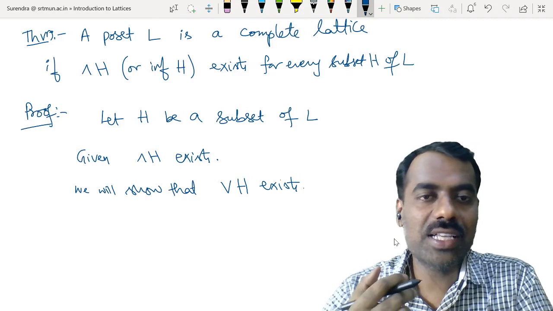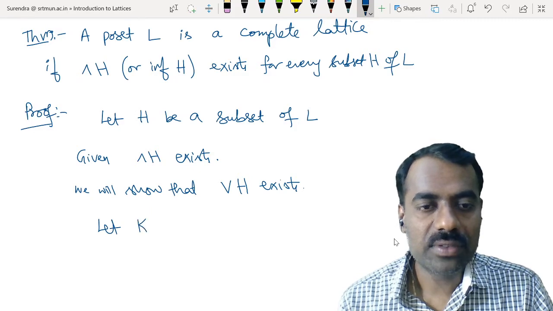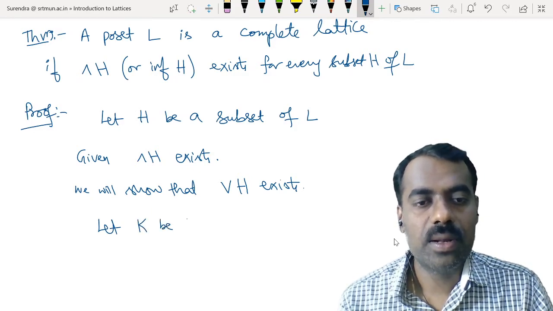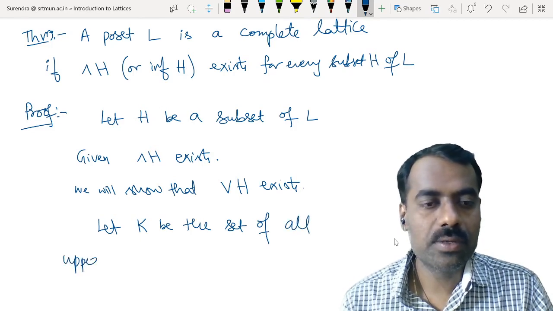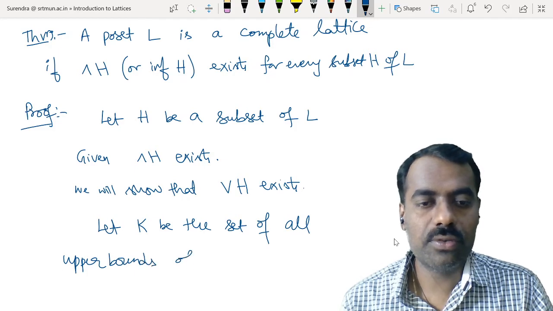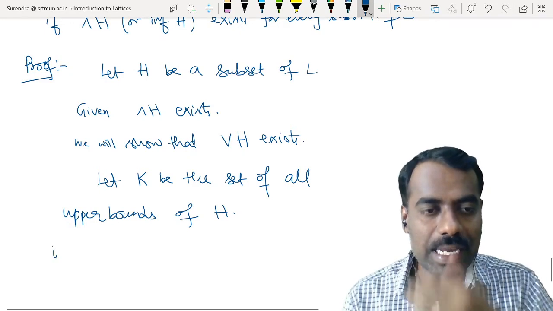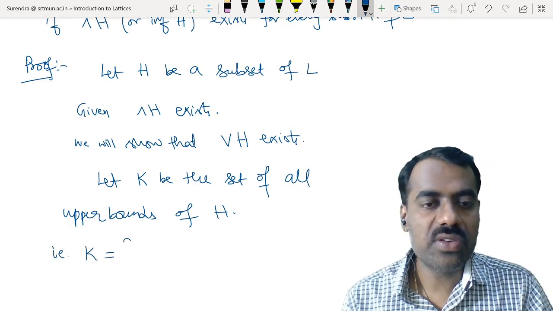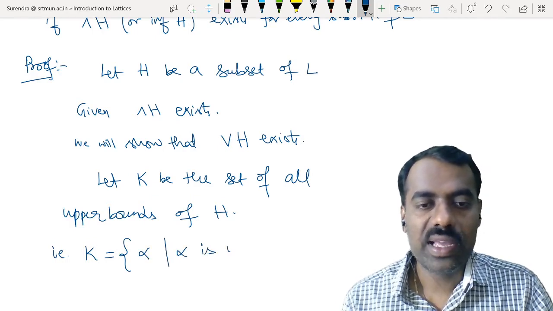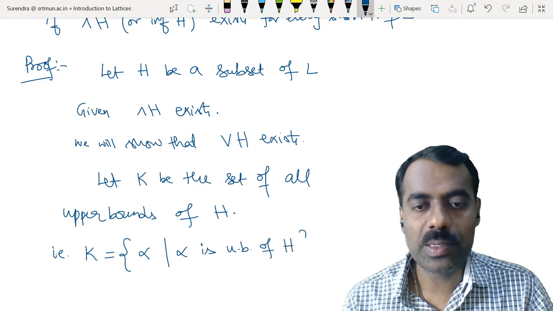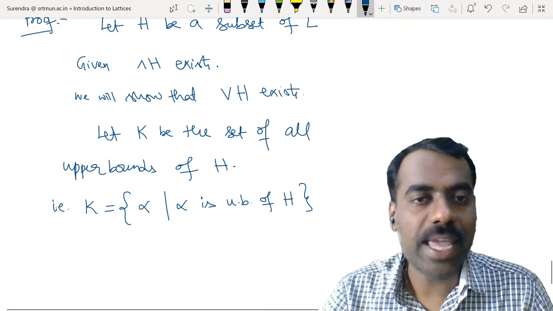That will become the supremum, the least upper bound, right? So let K be the set of all upper bounds of this set H. By notation, we can write K as the set of all alpha such that alpha is an upper bound of H. So whenever something is an upper bound, it is a member of that set K.